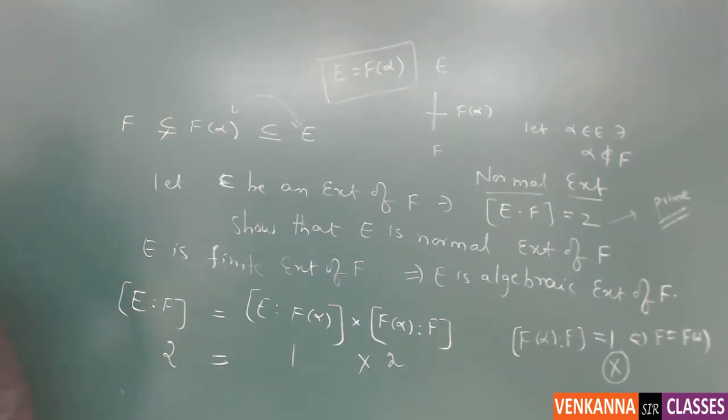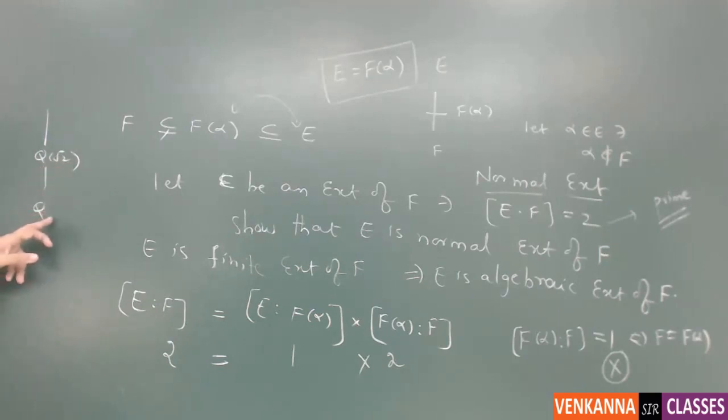F(alpha), I have taken just as an extension. I didn't mention that F(alpha) is a proper subfield of E, right? I will give a small example. Suppose we have taken Q. If you take Q(root 2), you can take the other hierarchy also. Then what happens? Root 2 does not belong to Q, accepted.